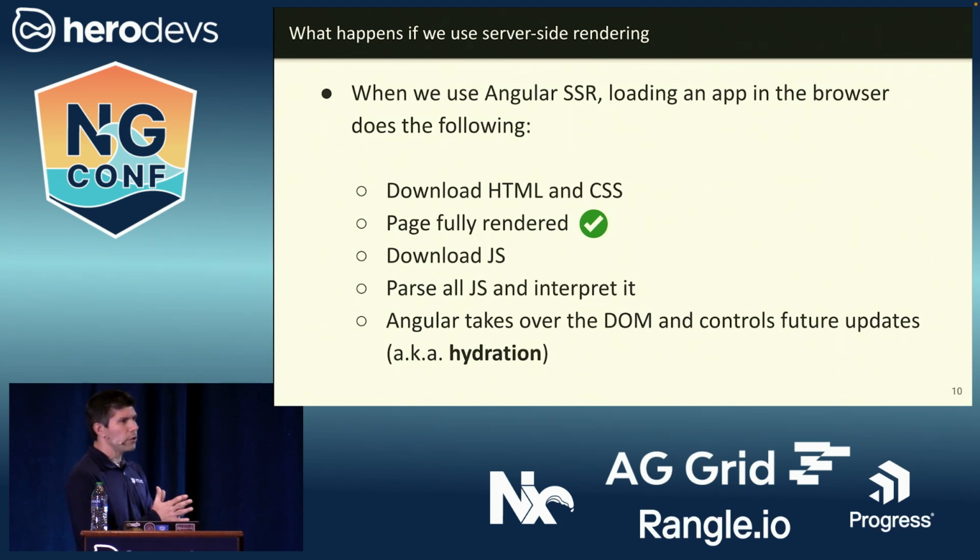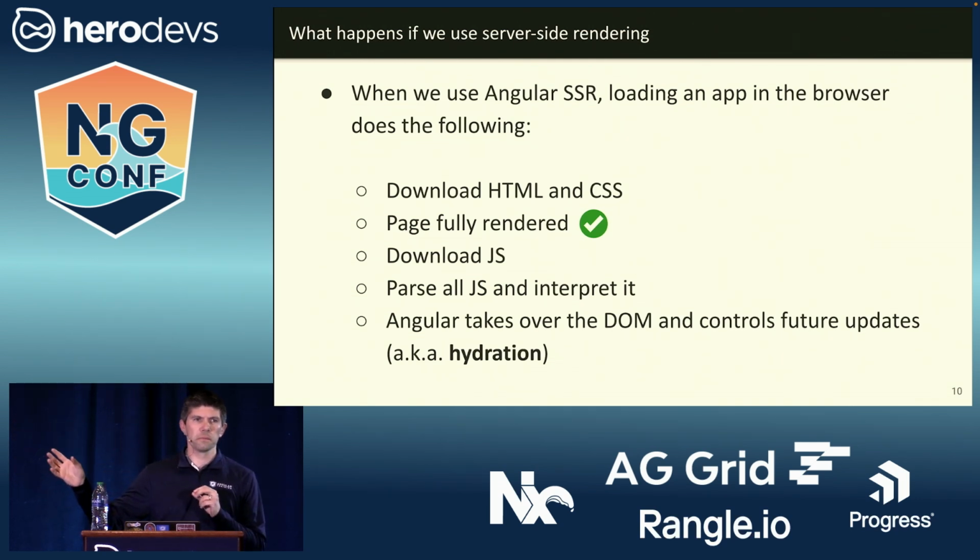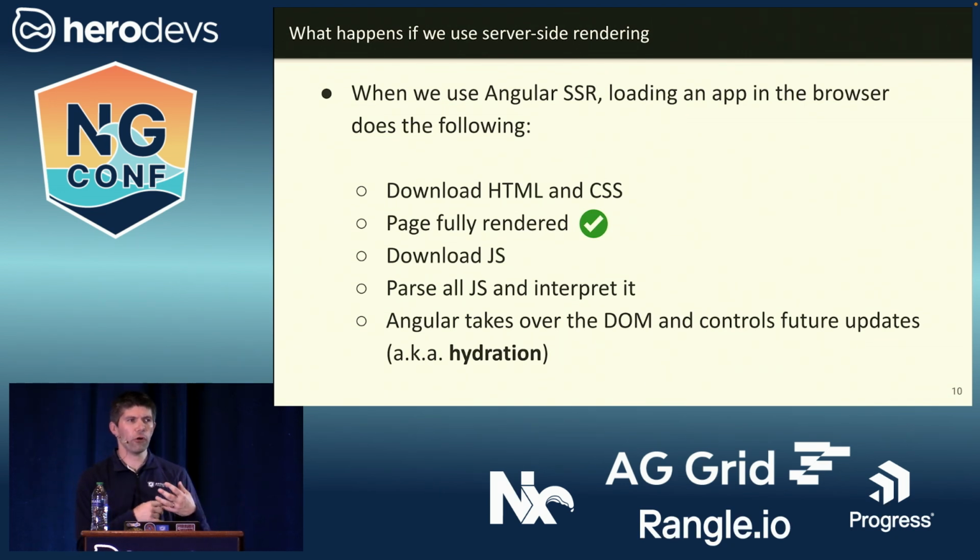Well, things are going to be a lot different because when you use SSR, you navigate to a web page and you download the HTML and the CSS, and the page is rendered. So all of the steps we had before, which is download JavaScript, load the Angular app, do all of these different things, now it happens right away, and our page is rendered right at step 2.